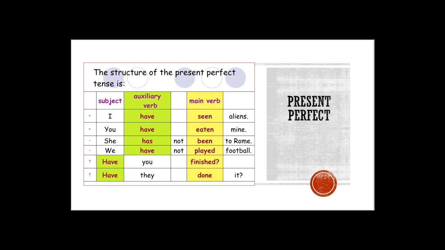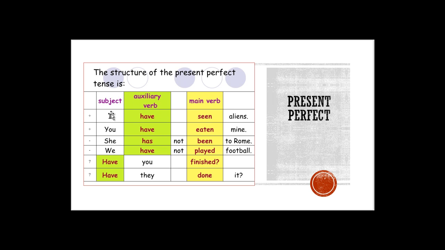Okay, present perfect. The structure of the present perfect is the subject, I, you, she, we, and for us, guys, to write a sentence using present perfect, we have to keep in mind this important fact, that is the auxiliary verb.